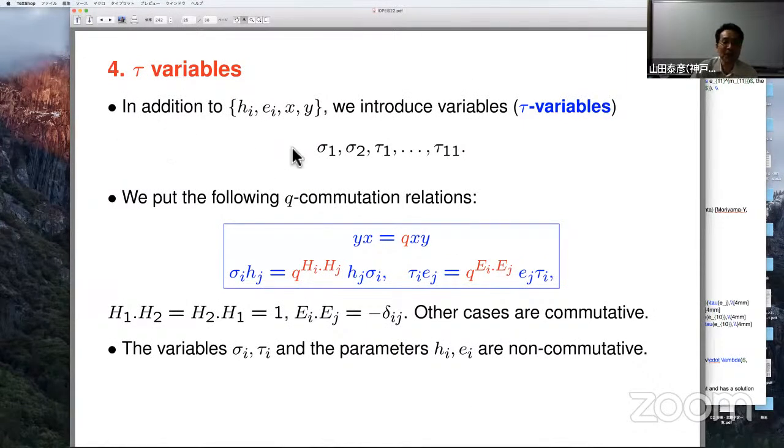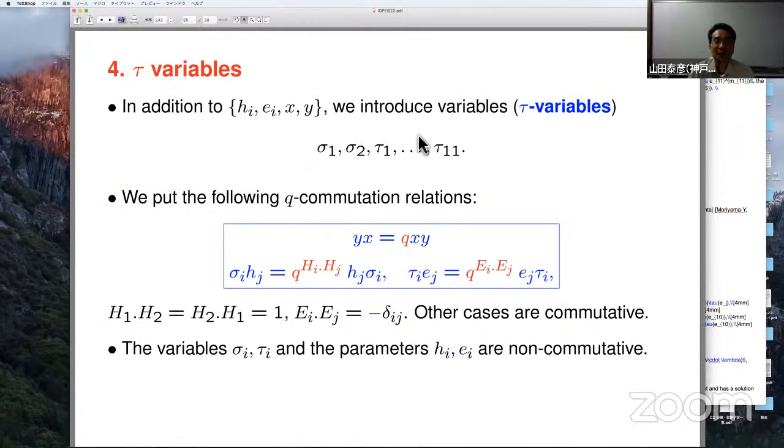In order to understand the quantum Weyl group action, we introduce additional variables tau: sigma 1, sigma 2, tau 1, and tau 11.